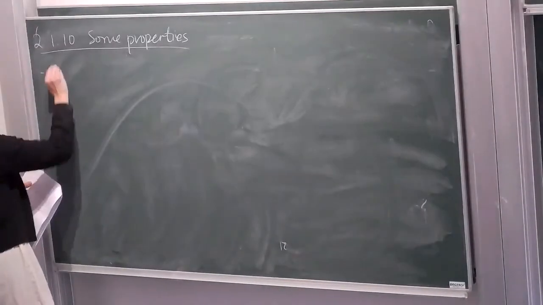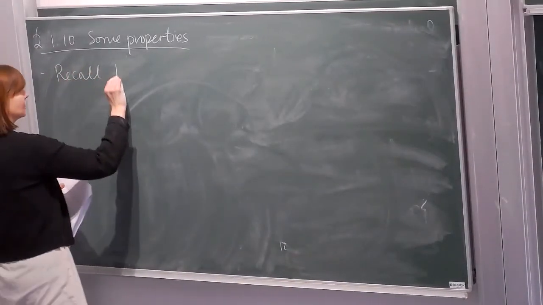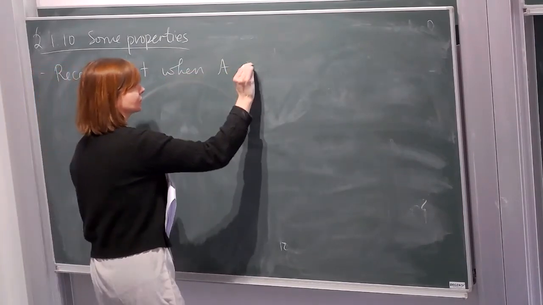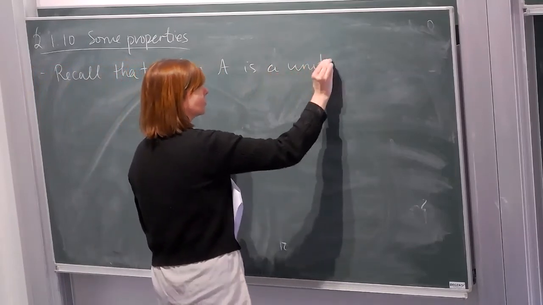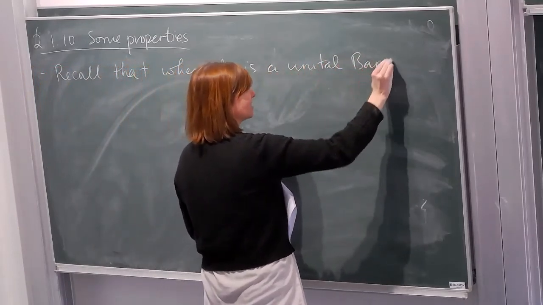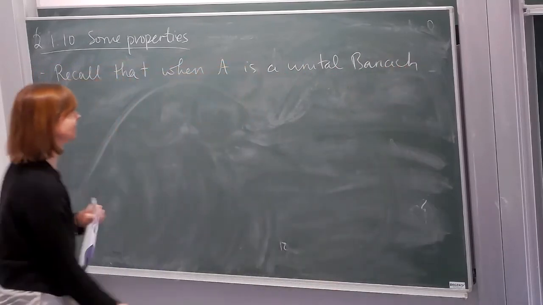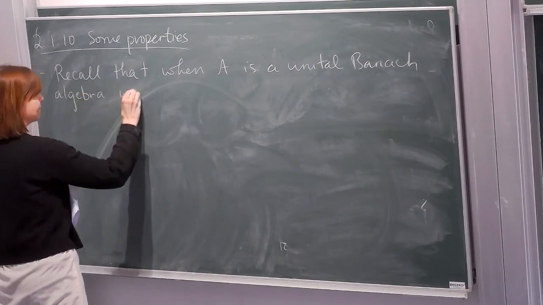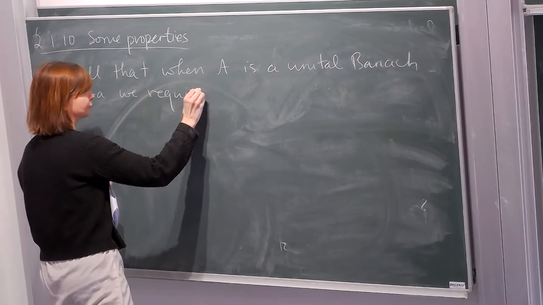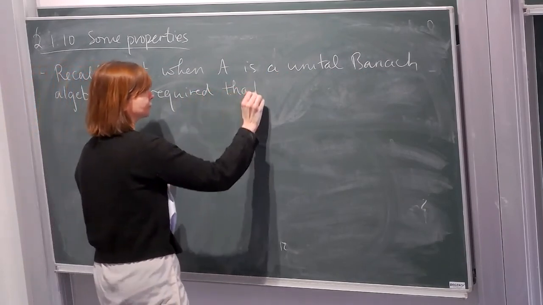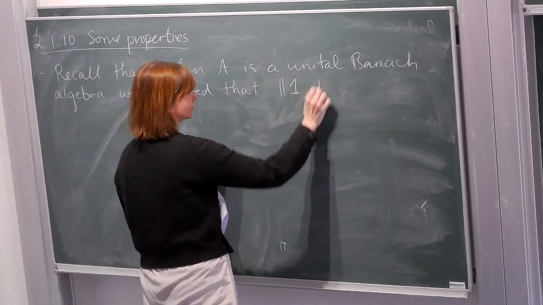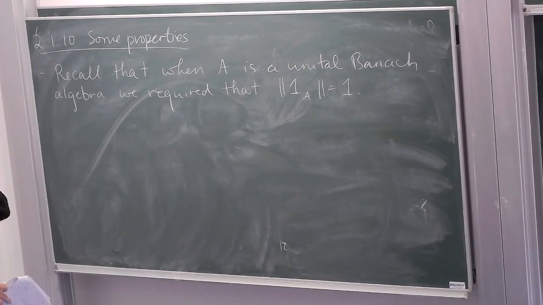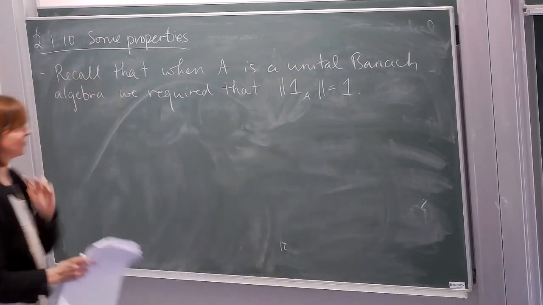So recall that when we had a Banach algebra, then we insisted that the norm be normalized at 1. Well, thanks to the C-star equality, this is automatic for a unital C-star algebra.